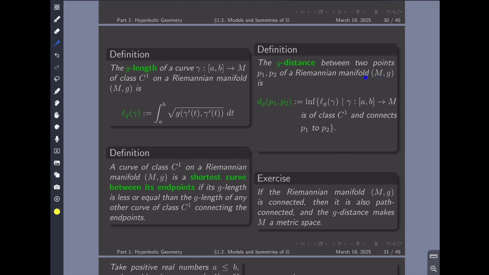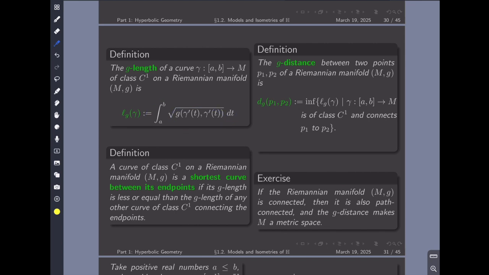Let's work with a connected Riemannian manifold, which is not stated here, but the distance between 2 points of a connected Riemannian manifold is what you would expect: the infimum of the lengths of all the possible curves of class C1 connecting the points, where one measures the length using the Riemannian metric.